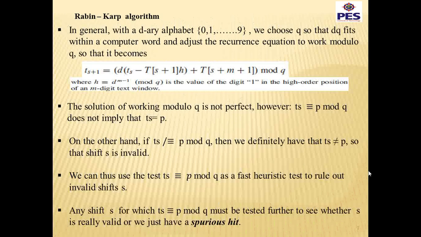If the value chosen from the text string and the pattern string are equal, then it is a valid shift, otherwise it is not, as shown in the equation. Any shift s for which the text string is congruent to p mod q must be tested further, to see whether s is really valid or just a spurious hit.